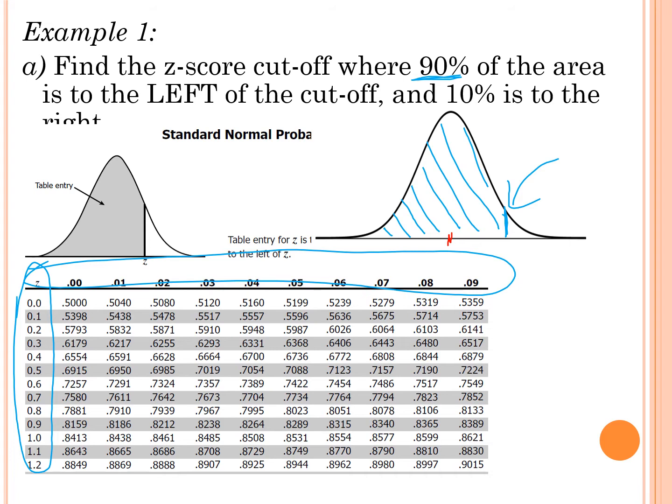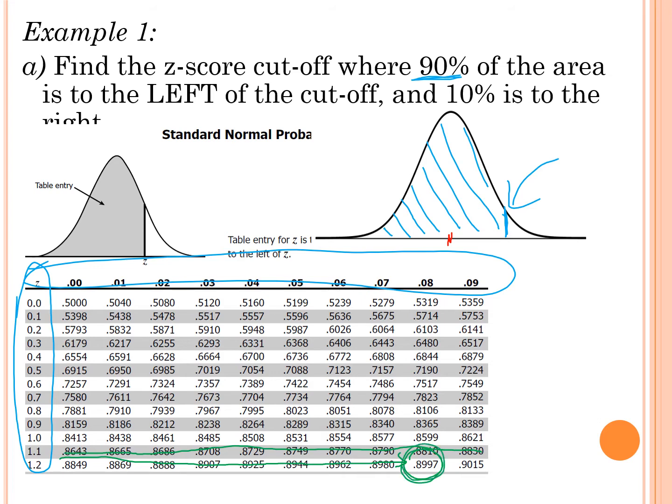Now, the issue is that in a lot of cases, we won't be able to find this number exactly, so we want to find the closest thing to it. So here we have 86%, 87%, 88%, 89%, we're almost there. We want to go to the closest thing we can to 90, and the closest thing is this one right here, 0.8997, 89.97%.